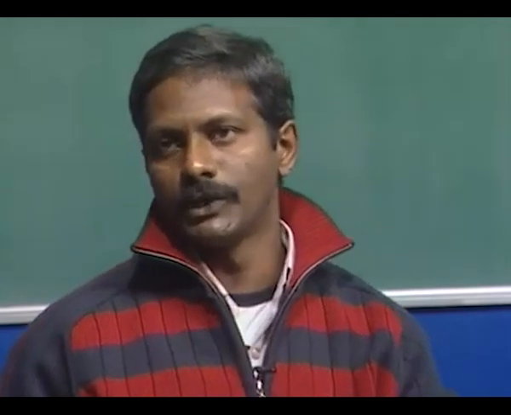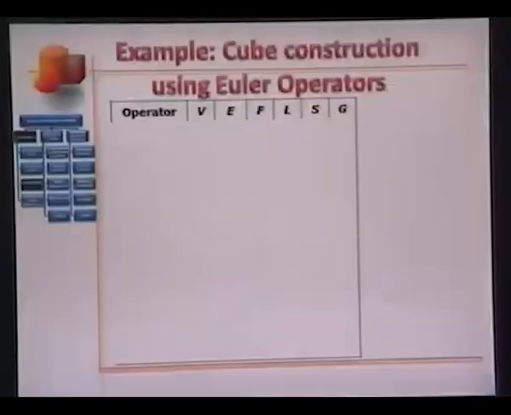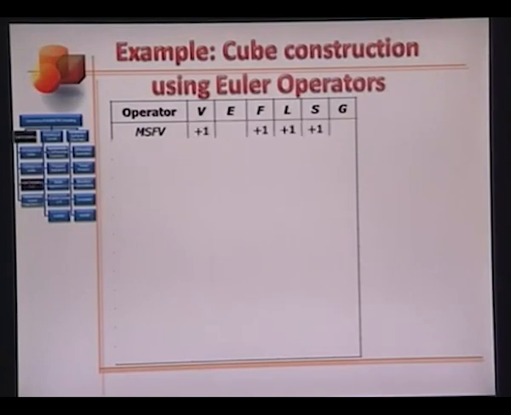Let's try now to construct a cube using Euler operators. The first step, make a shell, face and a vertex. These are the respective increments in the number of vertices, edges, faces, loops, shells and genus.